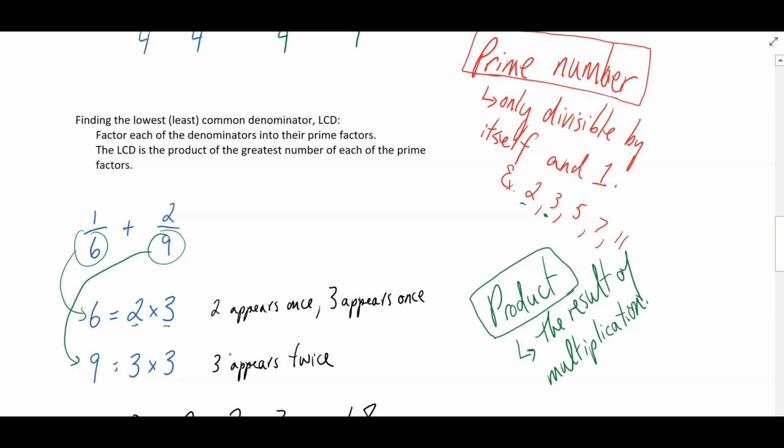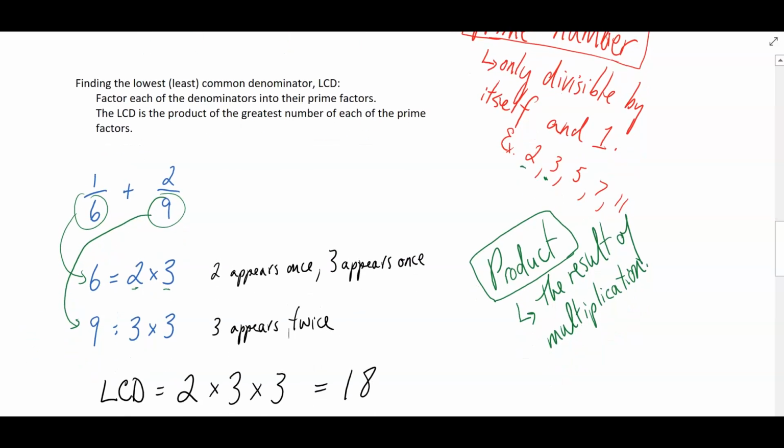The lowest common denominator, the LCD, is the product of each of these primes, the greatest number of times they appear in either of the two factors. So 2 appears once, 2 does not appear as a factor of 9.